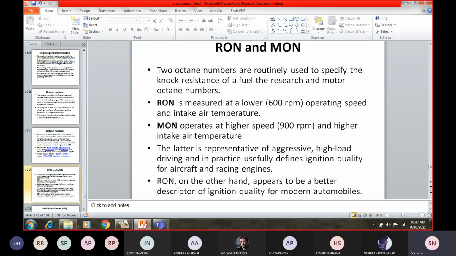Then MON is the motor octane number, which operates at 900 rpm, and a higher intake air temperature is taken in this case. So two types of octane numbers are there, RON and MON.